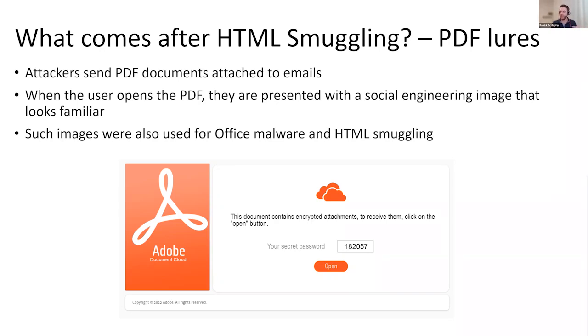So they're still relying on user interaction. In this case, they let the user know that the document contains encrypted attachments. And if the user wants to receive them, they have to click the open button. There is also a password, which can later be used to actually decrypt the attachment.